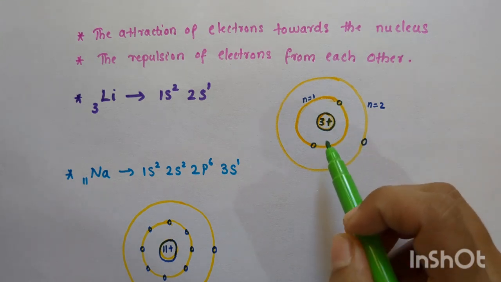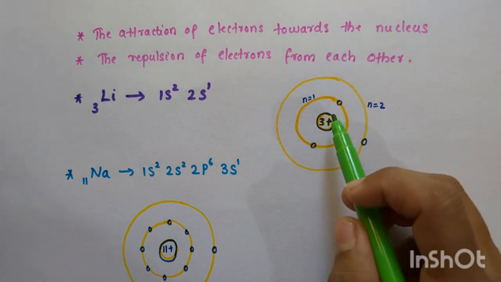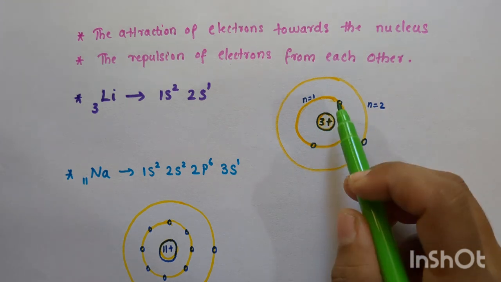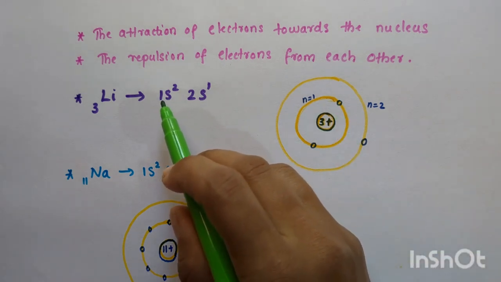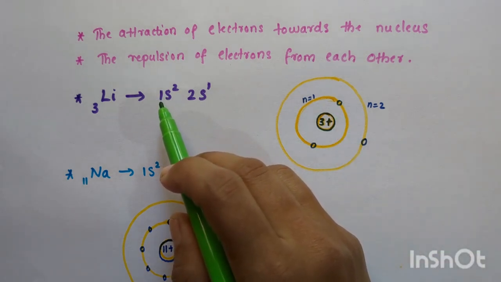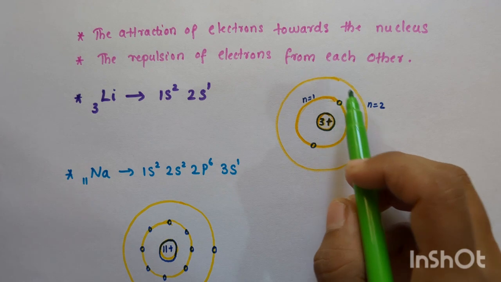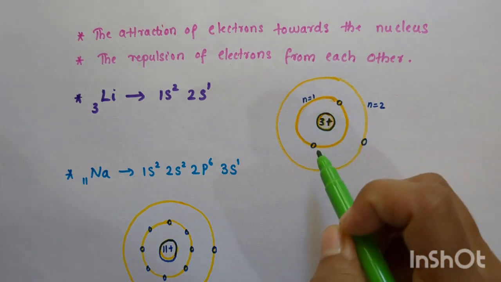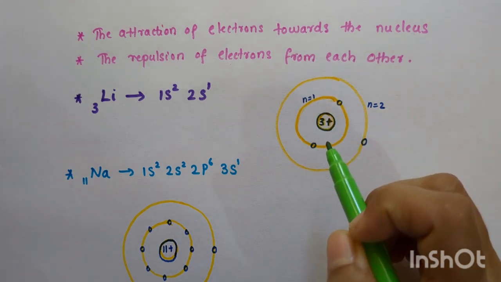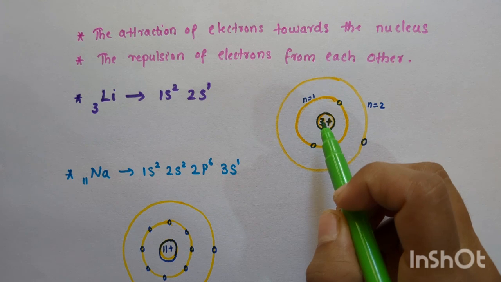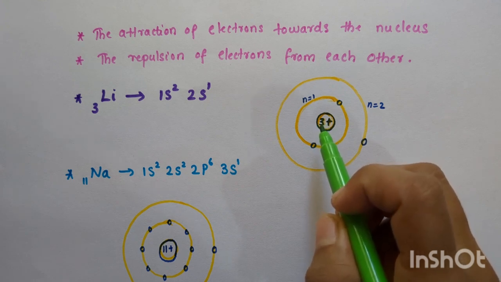The inner core of 1s electrons means 2 electrons are there in the innermost energy level, in the 1s orbital. Due to this, the valence electron experiences a net positive charge which is less than the actual charge of plus 3.